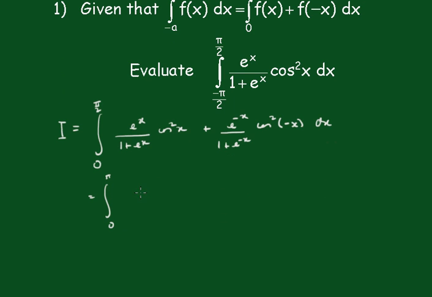Now this will be e to the x on 1 plus e to the x cos squared x plus 1 over e to the x over 1 plus 1 over e to the x. Now the cos of minus x is cos x. Well, it wouldn't matter if you just square it, it'd be positive. So that's cos squared x dx.